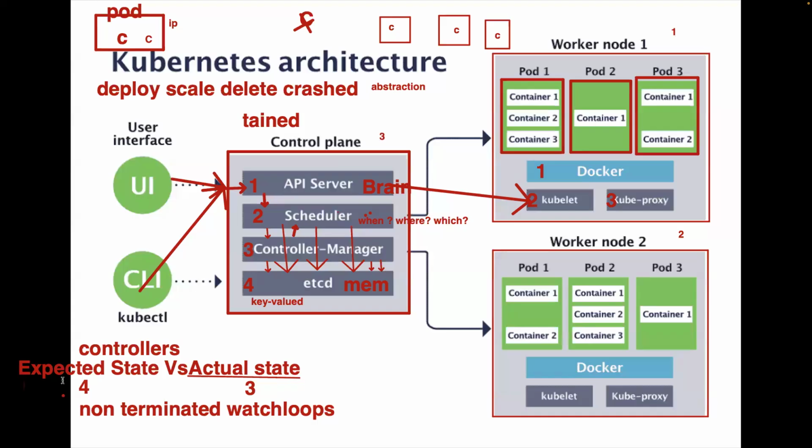See, you gave the input saying that you need 5 pods, so 2 more pods should be started. This is identified by the controller manager, which gives the information to the scheduler. The scheduler should decide on which worker node these additional 2 pods should be started.